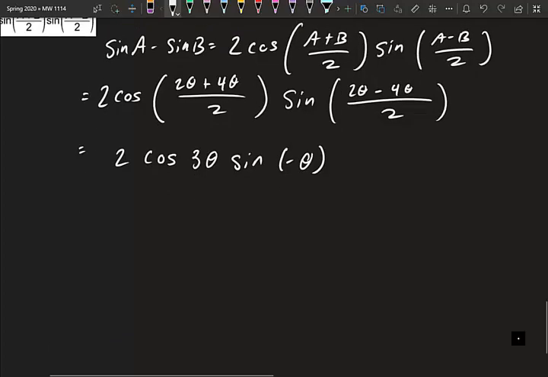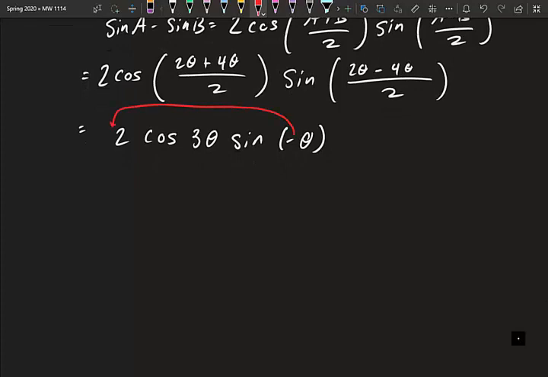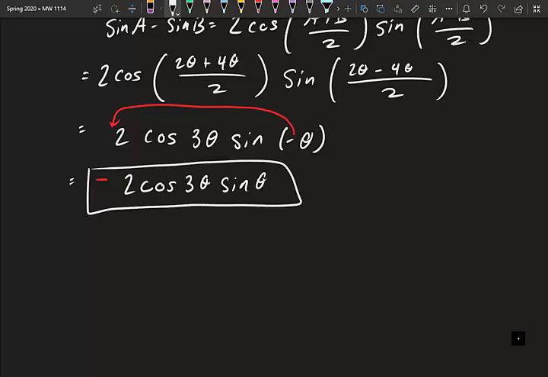The only thing we need to do is move that negative to the front. So we have negative 2 cosine 3 theta sine theta. Anytime you have a negative inside those parentheses, or the argument is what it's called, we have to move that negative to the front.